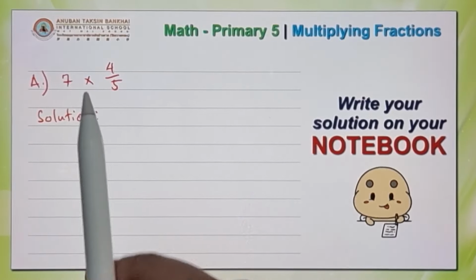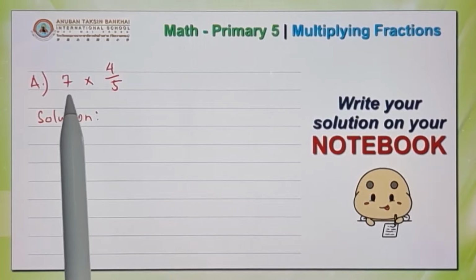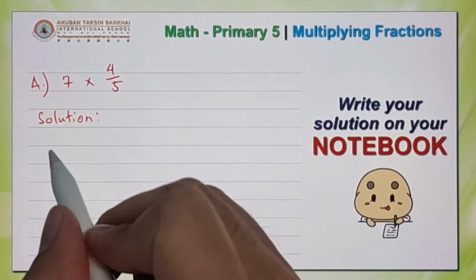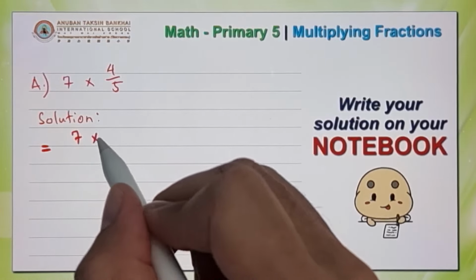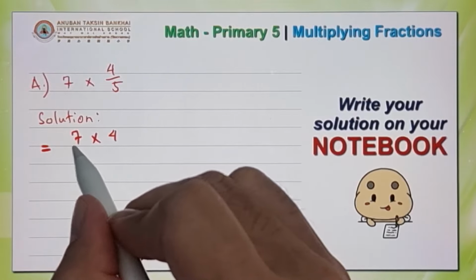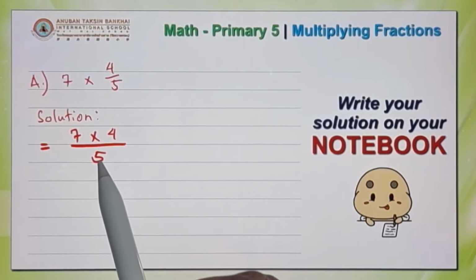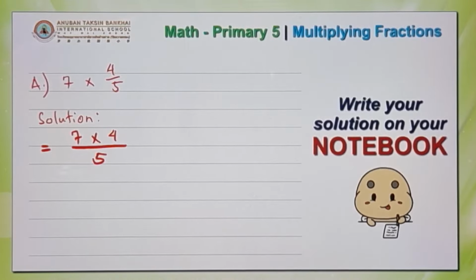Take note that this is a whole number. So when we say whole number, our denominator will always be 1. So we could have here 7 times 4 over 5. Okay, so can we cancel 5 and 7? No, we cannot. Can we cancel 5 and 4? No, we cannot. So let's just multiply this one.